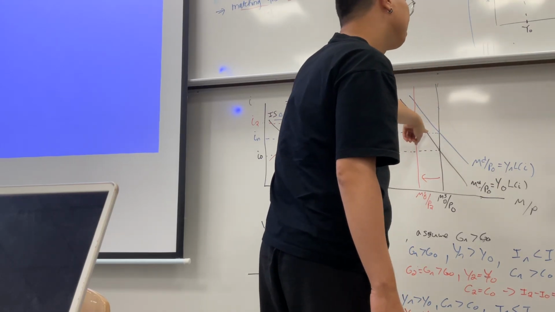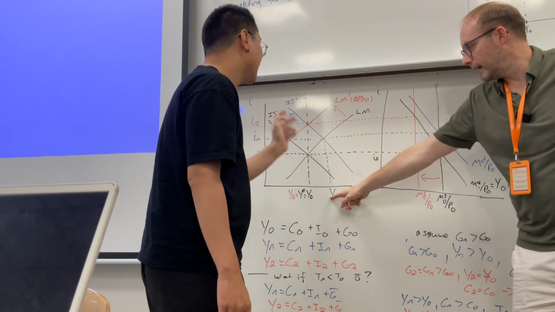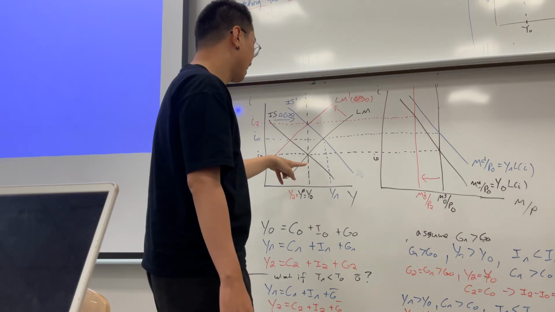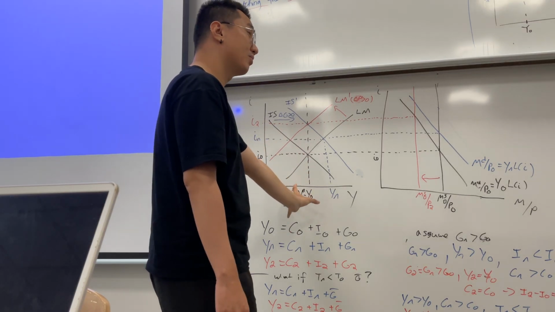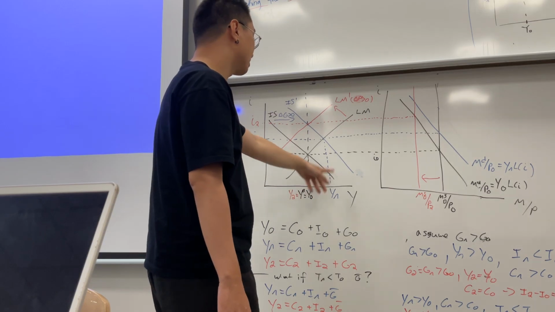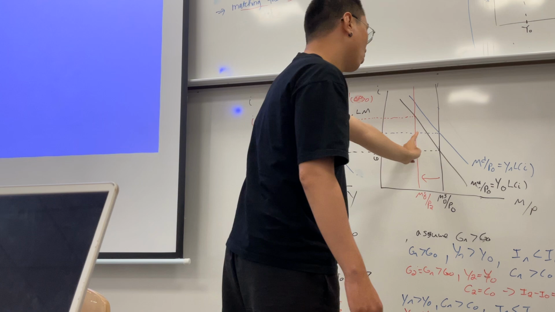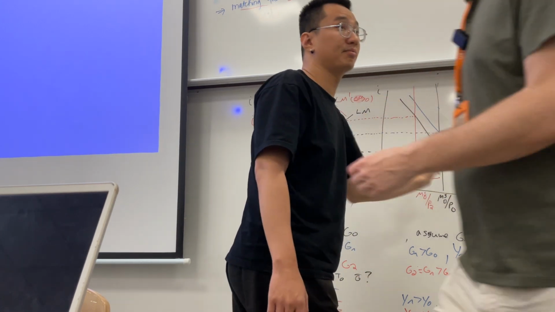So this goes up, not because it's short run, but simply because at this higher Y we have more transactions, higher demand for money. And then in the long run, when the Y needs to go back to the natural output, the LM must shift to the left. Right? And why does it move to this one, not just this black line?